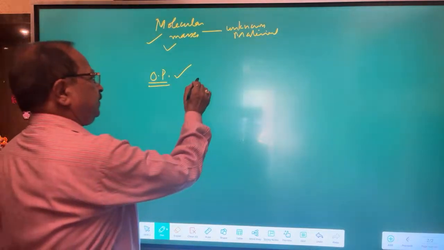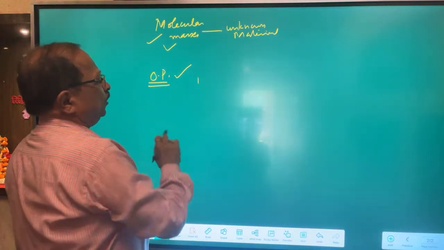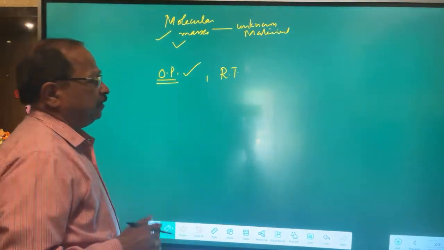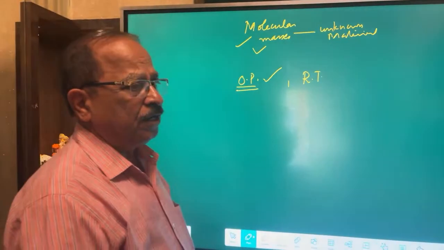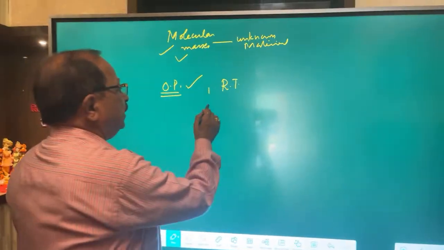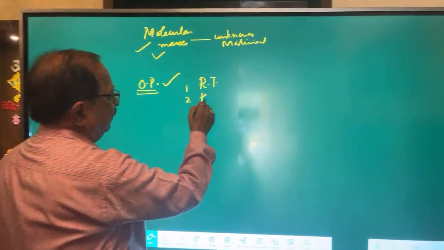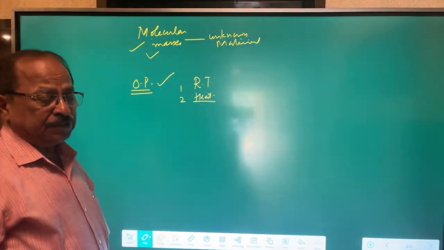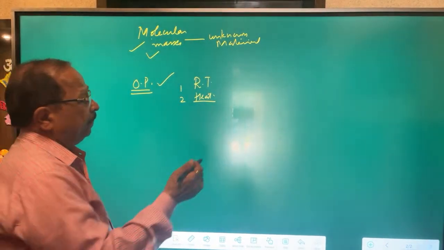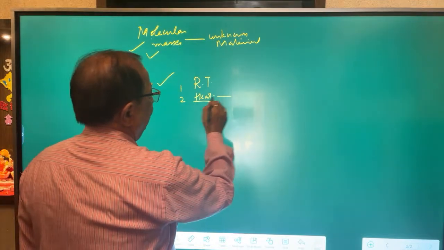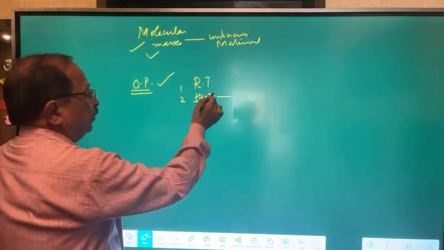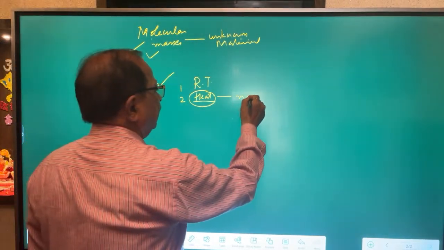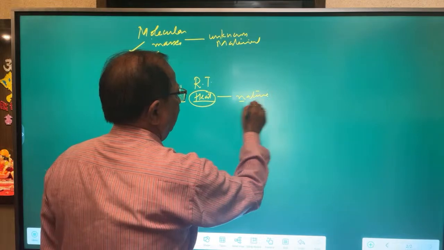Reasons. The first reason is that osmotic pressure is measured at room temperature. There is no need to increase or decrease the temperature, because there are certain chemicals which, if we heat them, say if I want to find the molecular mass by delta TB, elevation of boiling point, the nature of the material will get destroyed.